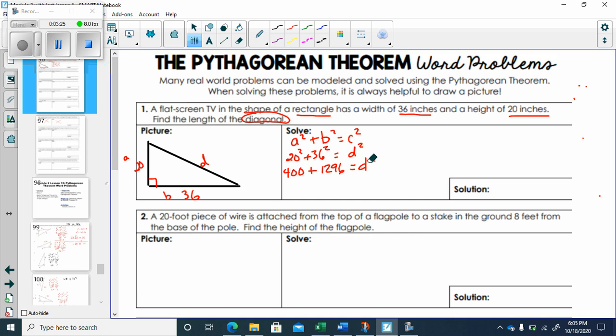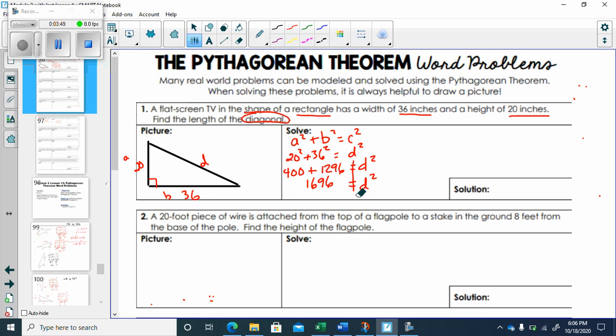And that's equal to d squared. Okay, now let's see if I'm adding or subtracting. In this place, I need to collect like terms before I cross that equal sign. So I am going to say 1,296 plus 400, and that's equal to 1,696. And that's equal to d squared.